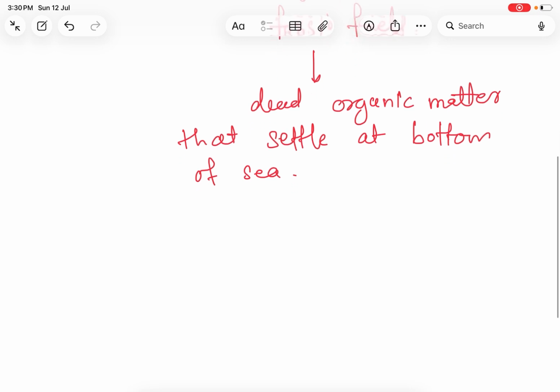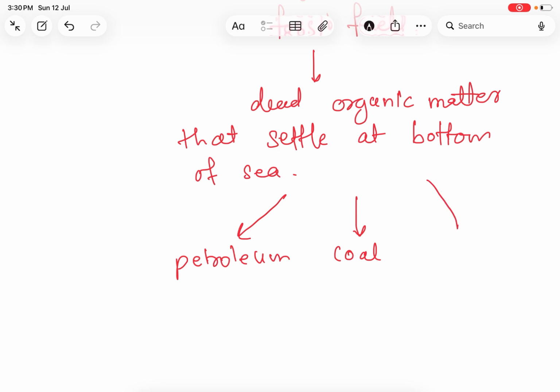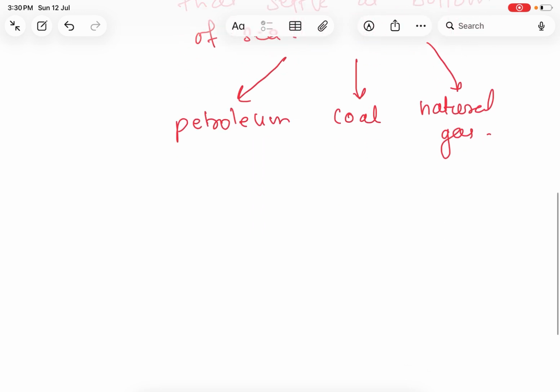Now from fossil fuels, we actually get petroleum, then coke or coal, and then natural gas. Now we are dealing with petroleum, which is also known as crude oil.